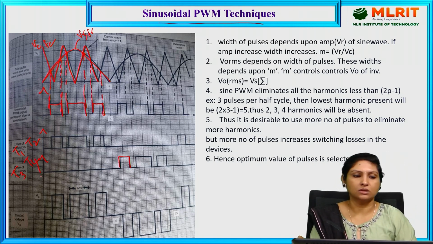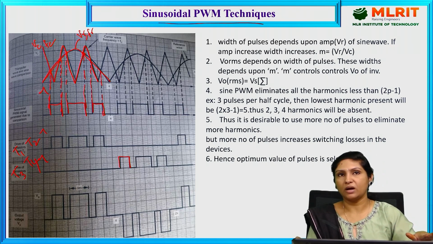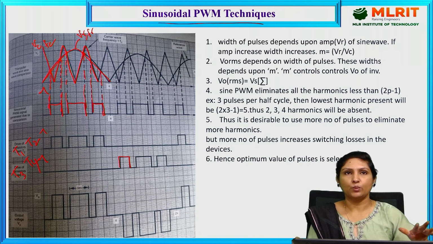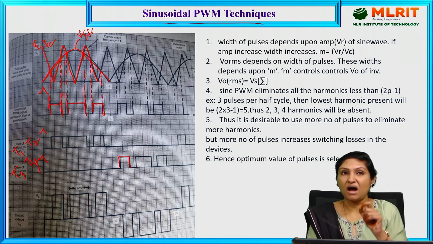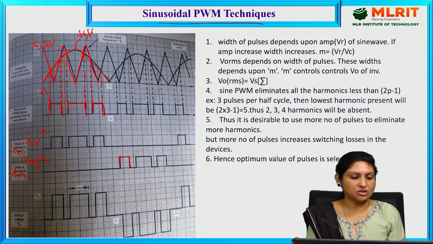Hope you understood. In the sinusoidal pulse width modulation technique, the sine wave is compared with the triangular wave, and when the sine wave strikes the carrier wave, the resultant pulses are ANDed with the mask signal.